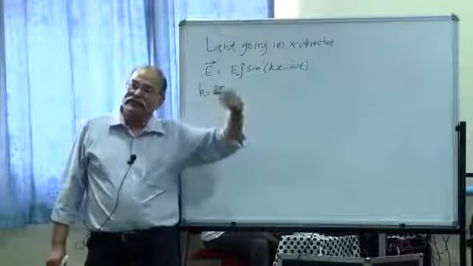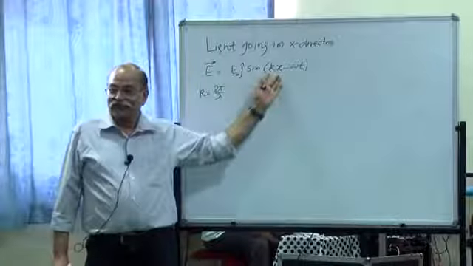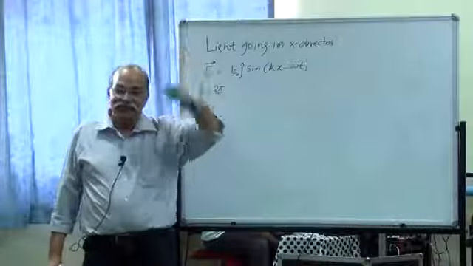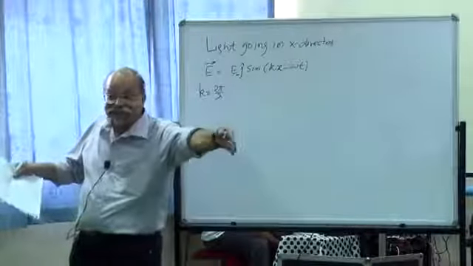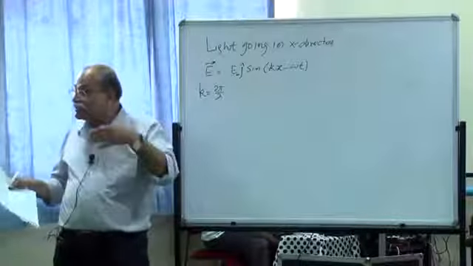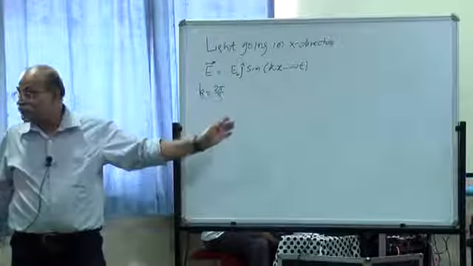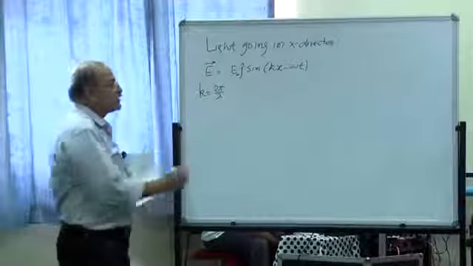If you keep on increasing x continuously, it will keep on changing, and therefore this electric field will be oscillating from plus E naught to minus E naught as you go along the x axis at the same instant. So the distance after which it is repeated, that is lambda, and this k is related to lambda accordingly.